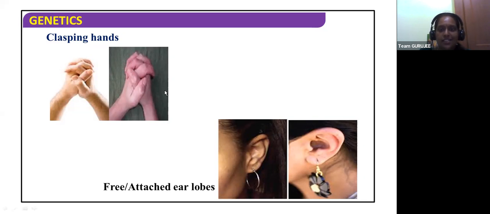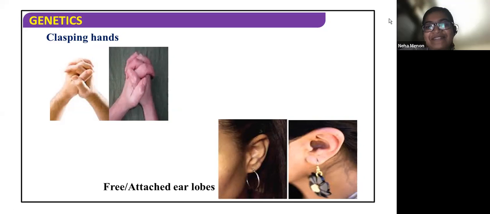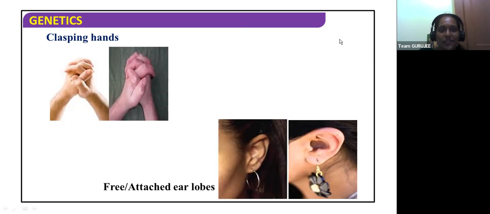So next is attached and free earlobes. Somebody's earlobes are attached. Most of us will be free, so a few would be attached. Is it attached, Neha, were you? Yes, ma'am. Mine. Varuna, what about you?